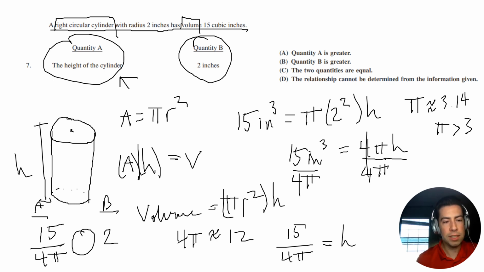So 15 divided by 12 is approximately 1.3 or something like that. That means 2 has to be greater, so our answer is that quantity B is greater.